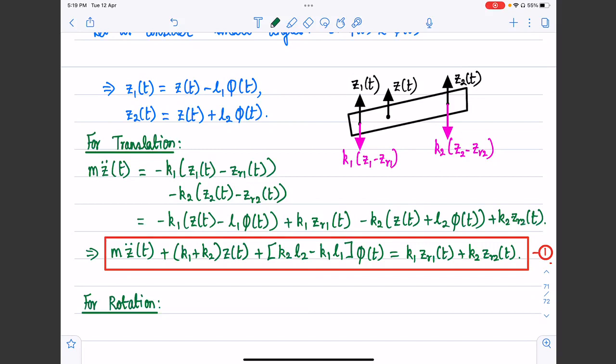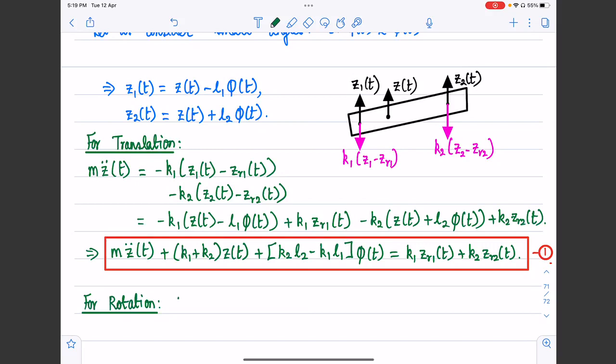So the torque due to the first force is going to be k1 (z1 minus zr1) times L1, and the torque due to the rear suspension restoring force will be k2 (z2 minus zr2) times L2.